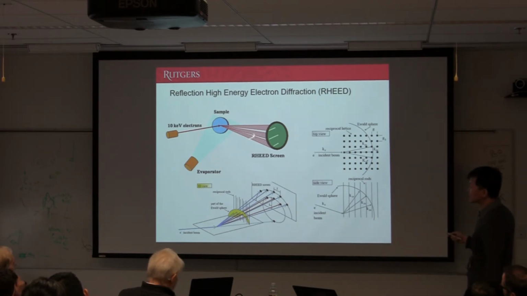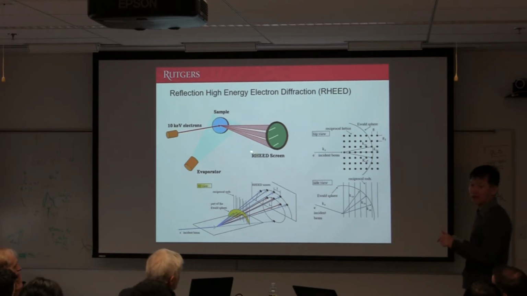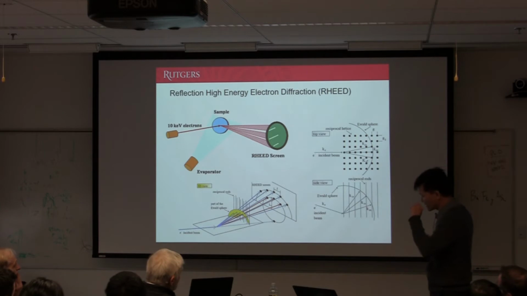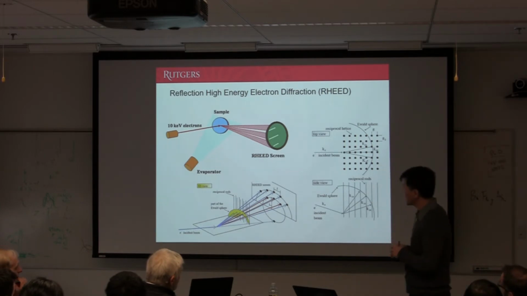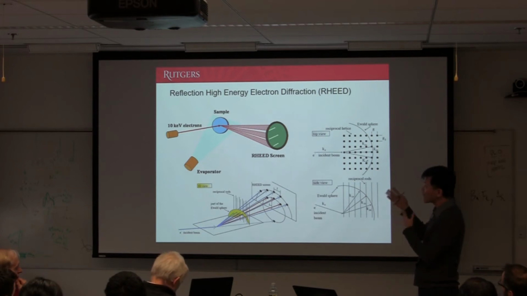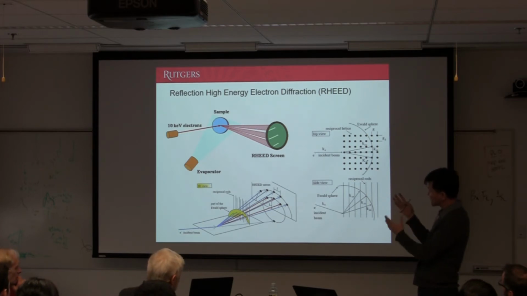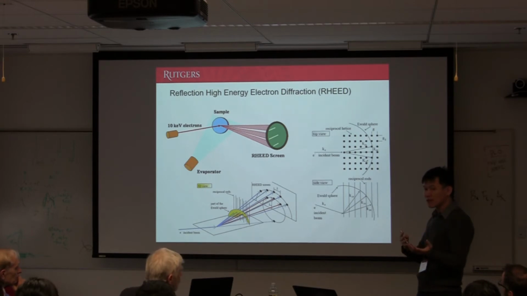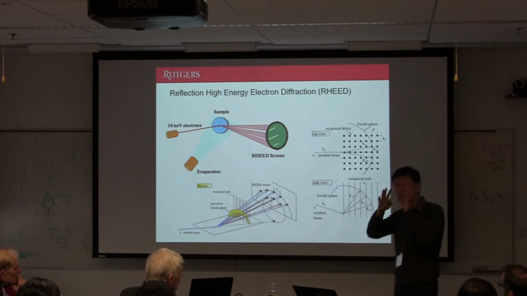The reason RHEED is so special is that you look at what you are growing in real time. This is very convenient, because before you had this kind of real-time growth monitoring tool, the way you made material was basically without knowing what you were growing.